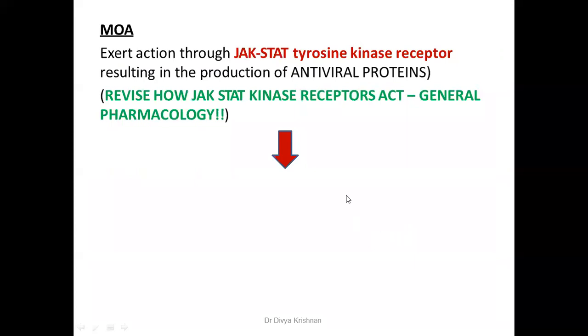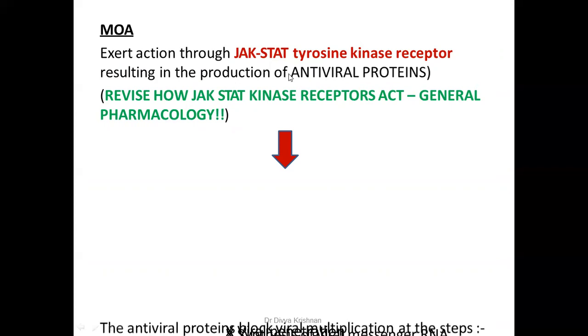Now, what is the mechanism of action? It exerts its action through the JAK-STAT tyrosine kinase receptor. You have already learned elaborately about the JAK-STAT receptor in your general pharmacology; you will revise that once again. By acting through this receptor, it results in the production of antiviral proteins.